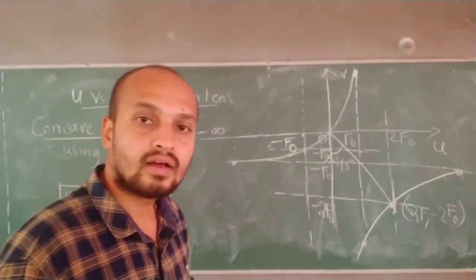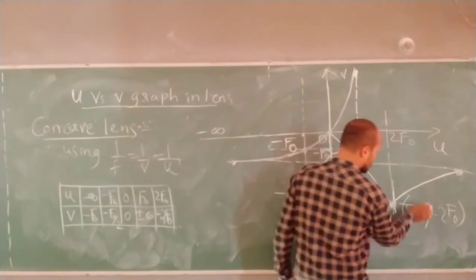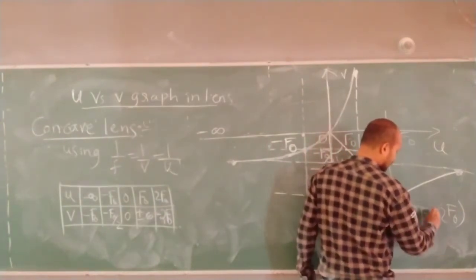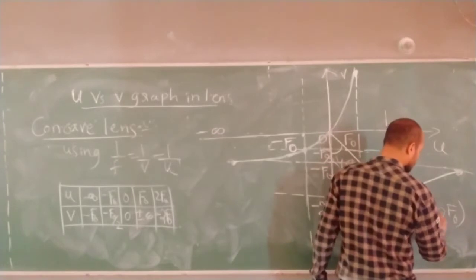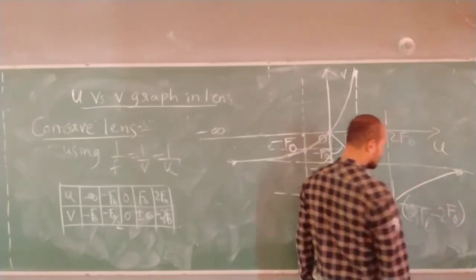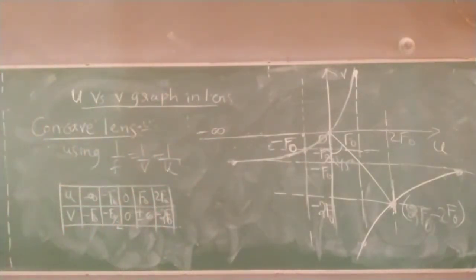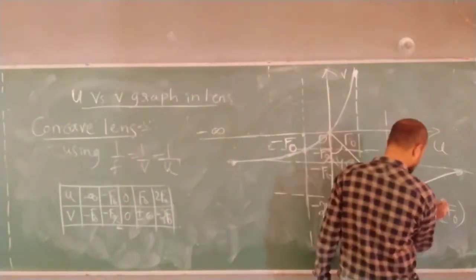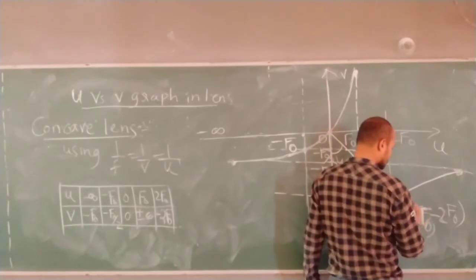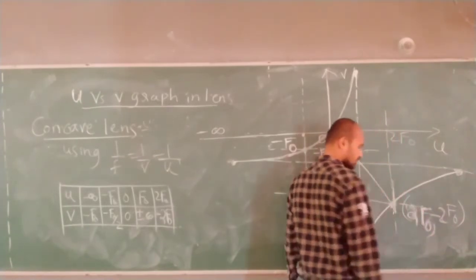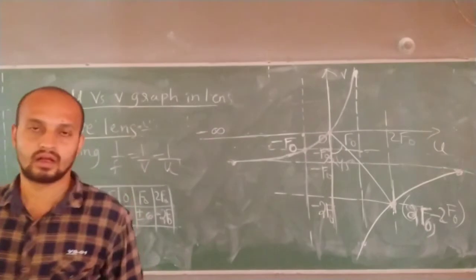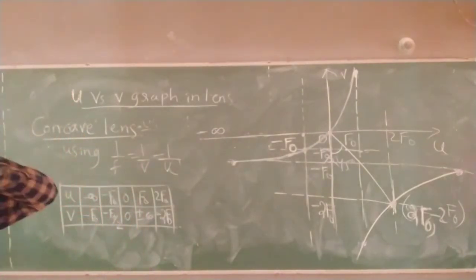Are you able to see? 2f0 comma minus 2f0. I believe you are able to see this point. Got it, no? Okay. So this is about the concave graph.